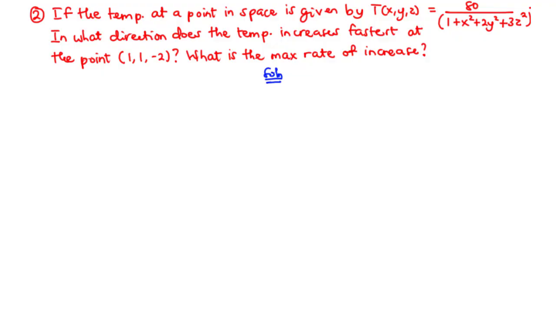We have to understand that the function experiences the greatest increase if the function is in the direction of the gradient vector. So in this case, the temperature increases fastest in the direction of the gradient vector. Now, to find the maximum rate of increase, we know that the maximum directional derivative is equal to the magnitude of the gradient function.